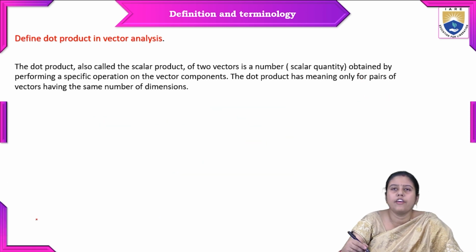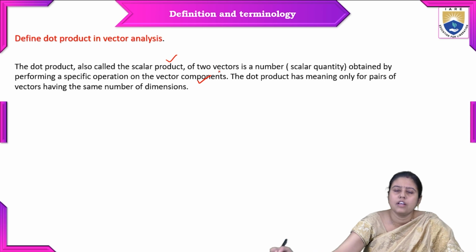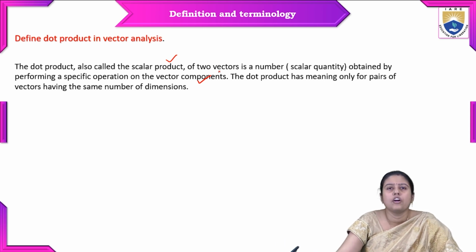According to the definition, the dot product, also called the scalar product of two vectors, is a number obtained by performing a specific operation on the vector components. If we multiply two vectors, the result will be a number, a scalar quantity.